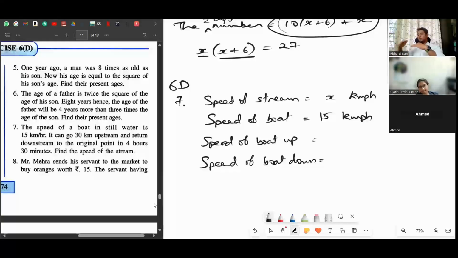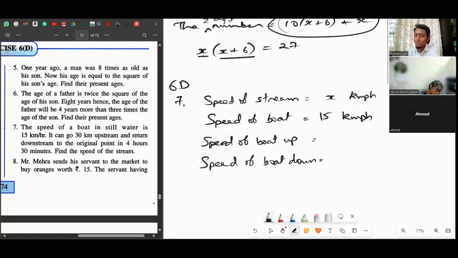And now what will be the speed upstream? If the boat is going upstream, against the water, the water is slowing it down. 15 minus 2, that will be 13 km/h. 15 minus x. Is that clear, everyone?